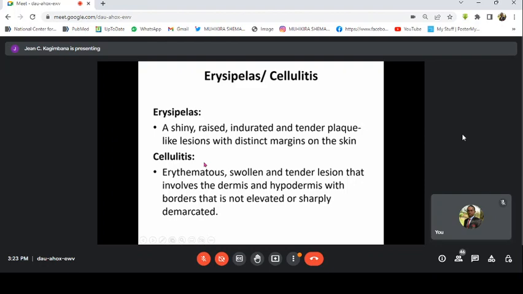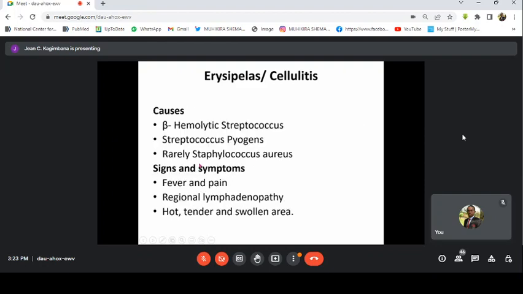Okay, refer to the picture I have shown. Causes are these. Systemic symptoms like fever, regional lymphadenopathy, and the lower limb may swell.